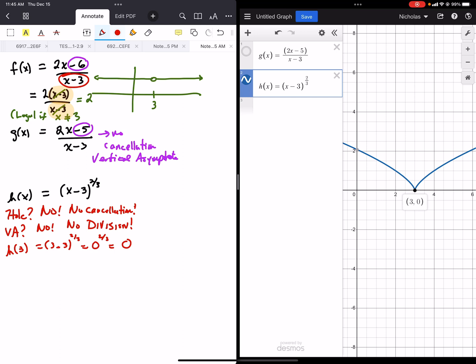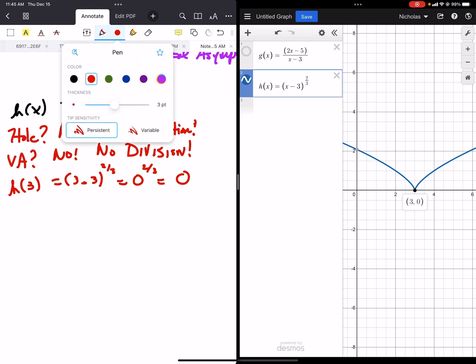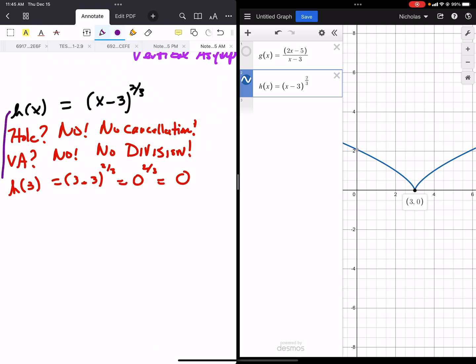Now you might ask yourself, what is actually happening at this point? The answer lies in taking the derivative. If I take the derivative of h of x, I'll need the chain rule a little bit. I have stuff to the 2/3, so that's 2/3 times stuff to the negative 1/3 times the derivative of the stuff. The derivative of x minus 3 is 1.